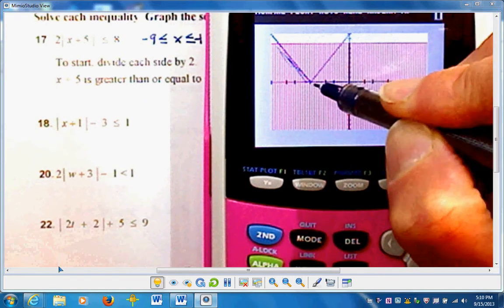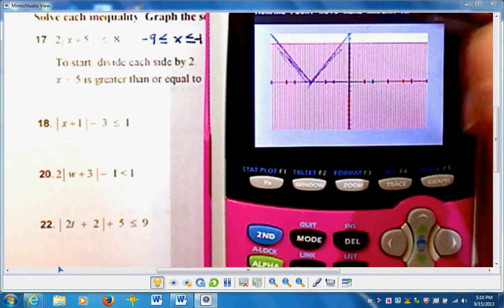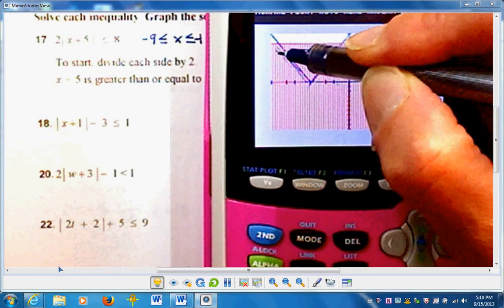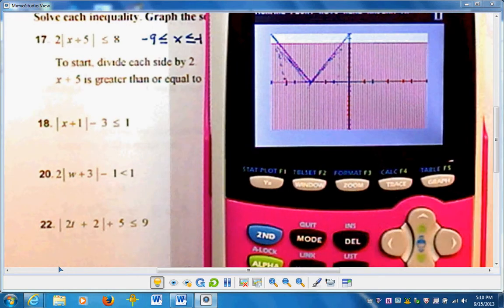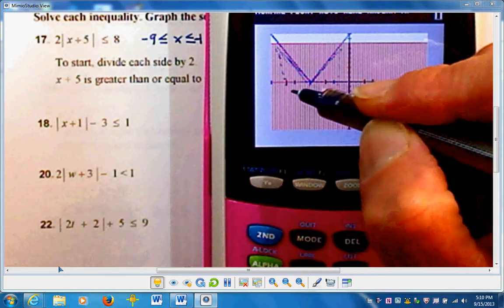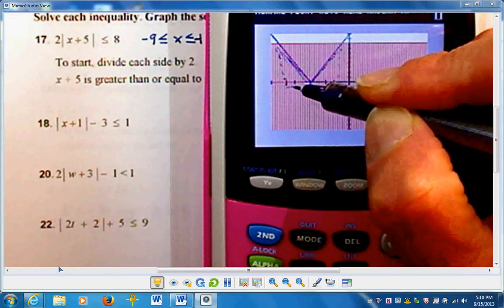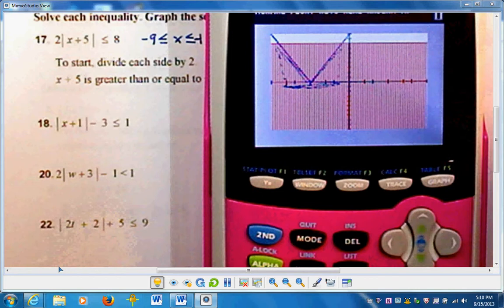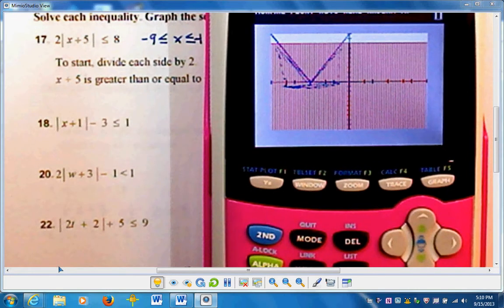This part is all shaded, which means my x value comes down to there. So my x value is going to be everything that, if that shaded part were creating a shadow, is right there. So that would be where my answers are.